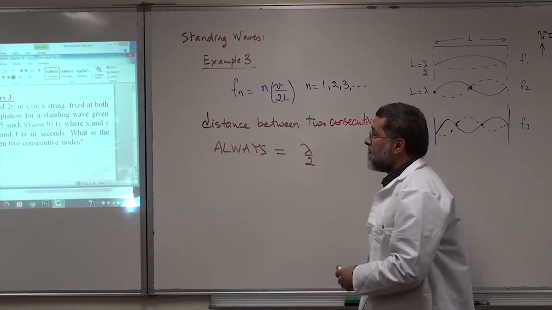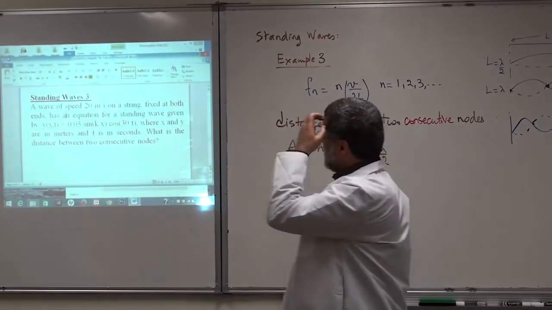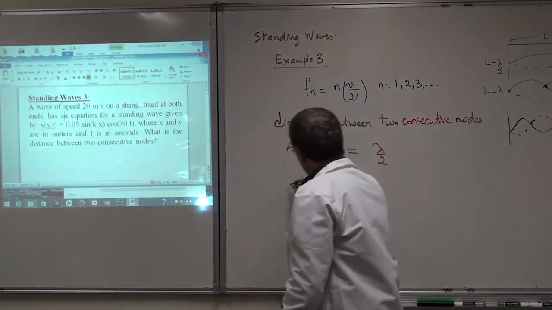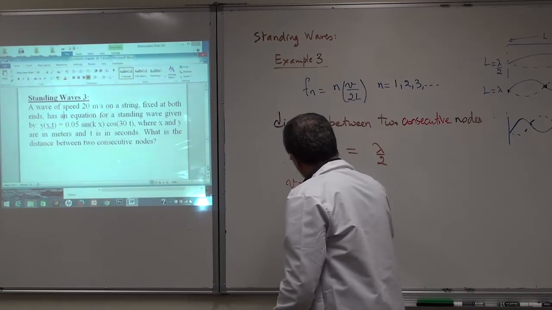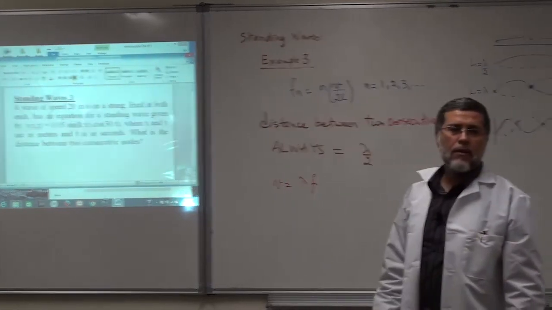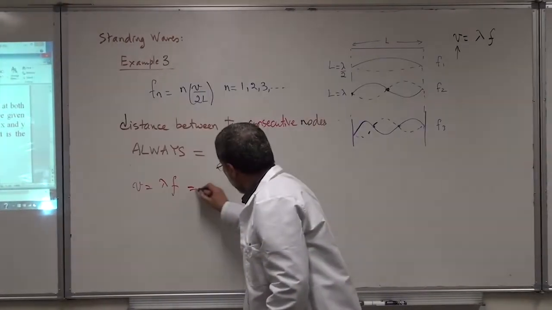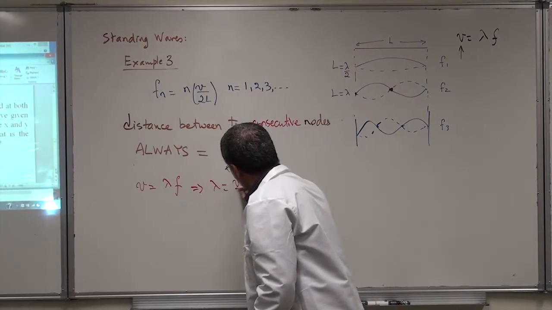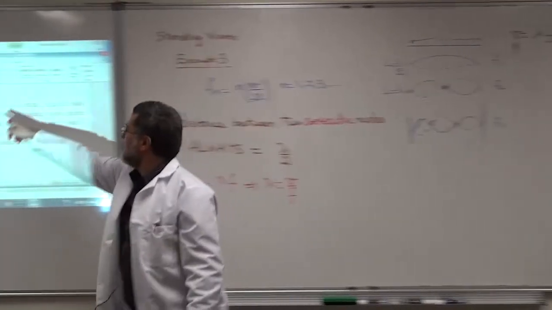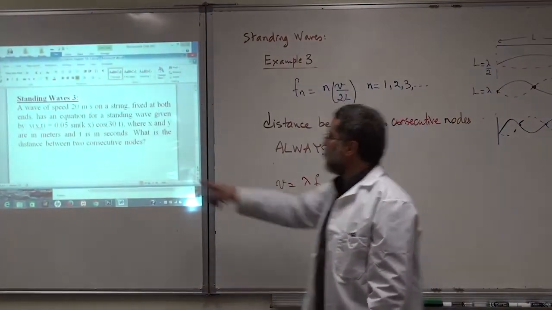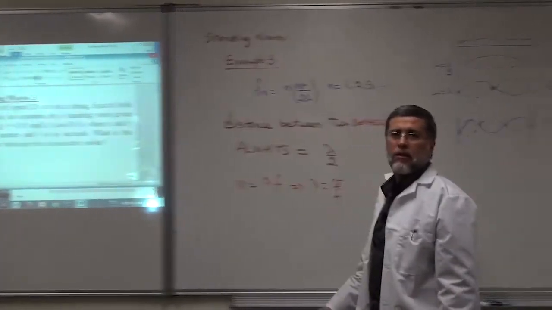Now, we know the equation, V equals lambda F, so lambda is V over F. V is given, 20 meters per second. He gave you omega, so you can find the frequency, right?